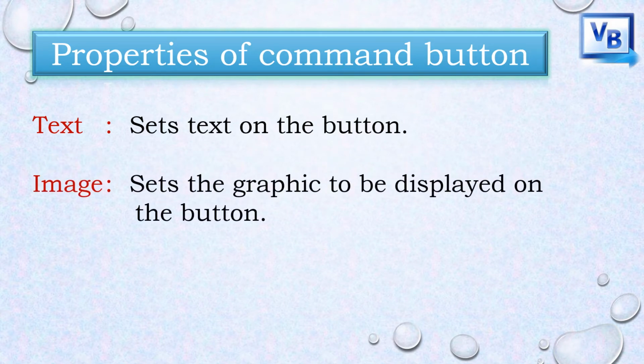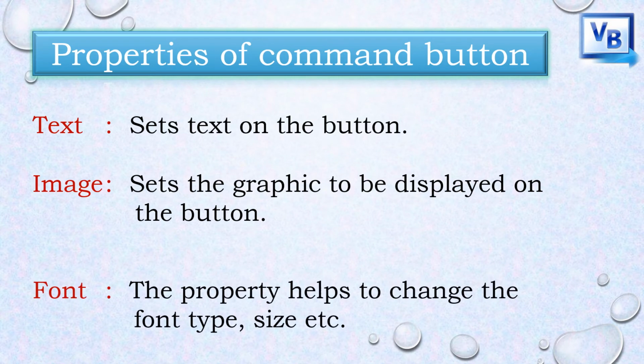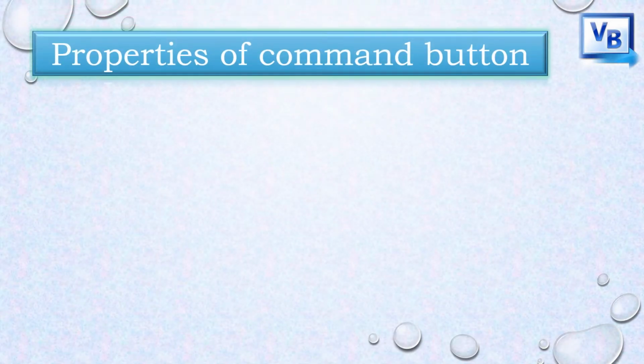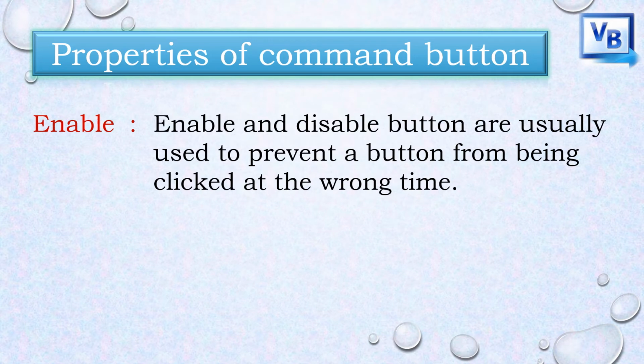Image. It sets the graphic to be displayed on the button. Font. The property helps to change font type, size, etc. Enable. Enable and disable button are usually used to prevent a button from being clicked at the wrong time.